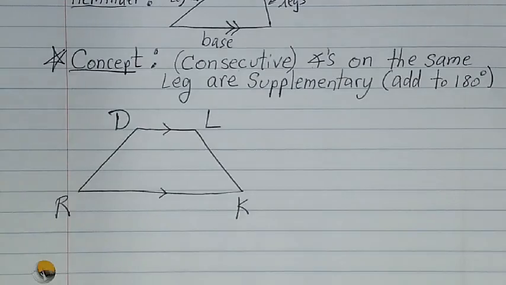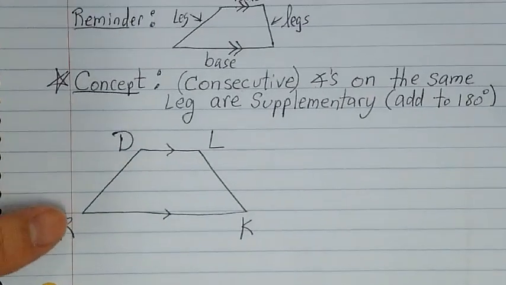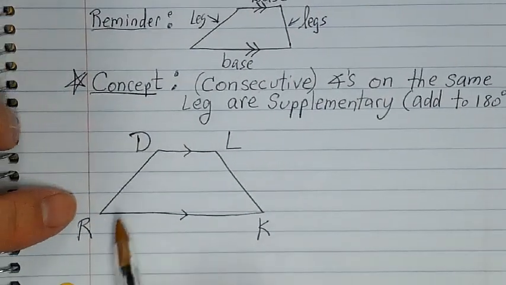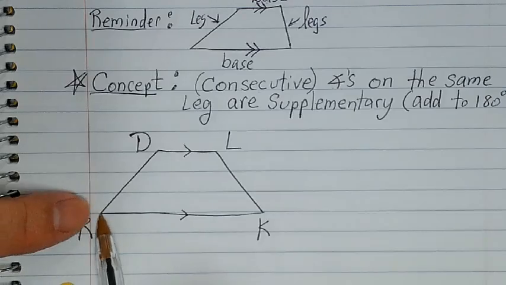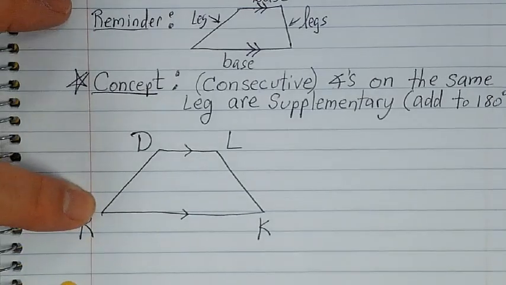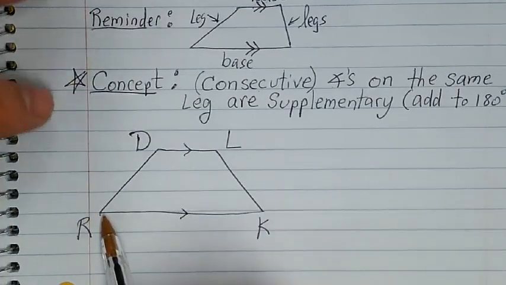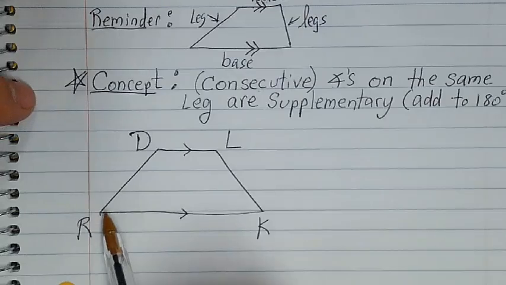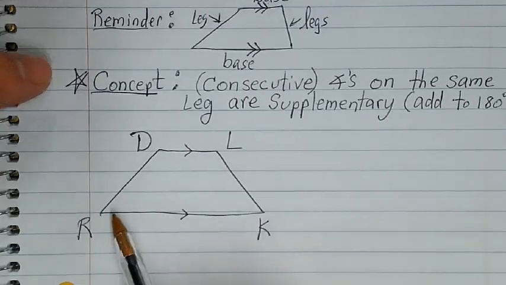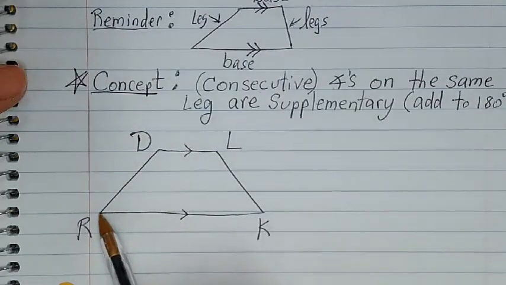Can anyone give me an angle that is consecutive to angle R? Okay, pause for a second. I'll repeat the question. Can anyone give me, please, an angle? Andros, I need you here with me. Can anyone give me an angle that is consecutive to angle R?